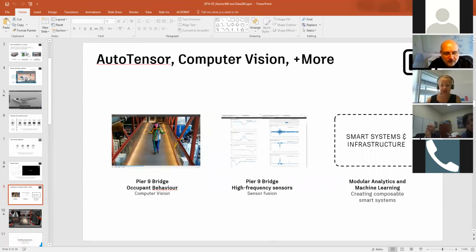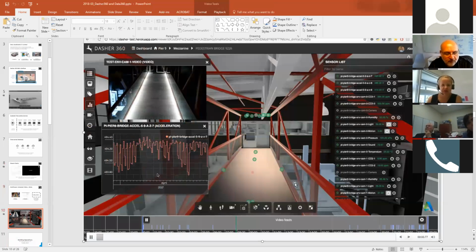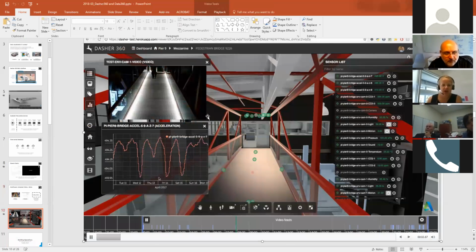This is quickly just an example of the kind of machine learning we're doing. We're doing some computer vision and skeletonization on the camera feeds from the bridge to create derivative data sets of occupancy and hopefully more fine-grained behavior in the future. And then I think quickly here, there's a continuation of the previous video, which just shows we've done processing on the video.